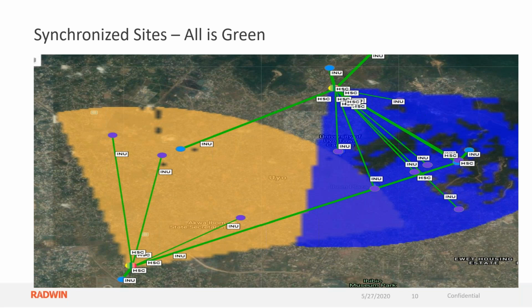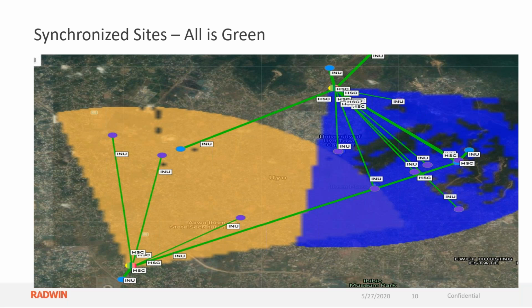This is an example of RADWIN R planner, where we have the capability to look at the synchronization aspect and to provide you a clear understanding of how synchronization needs to be. The R planner tool gives you the exact instruction on how to properly synchronize.